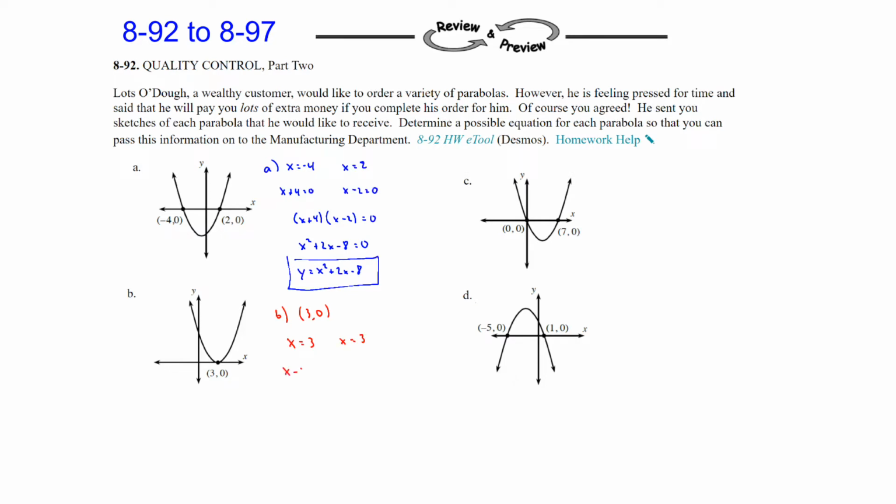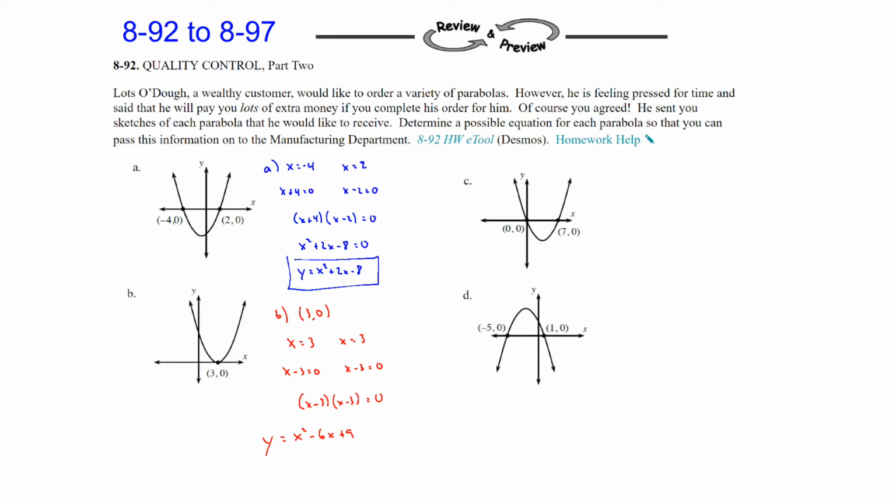And so when you subtract 3, you get x minus 3 equals 0. And once again, you get it twice though. So x minus 3 times x minus 3 is equal to 0. This would represent one of your perfect square trinomials. So this would be x squared minus 6x plus 9. And we want to write it as an equation, so we have y equals x squared minus 6x plus 9.